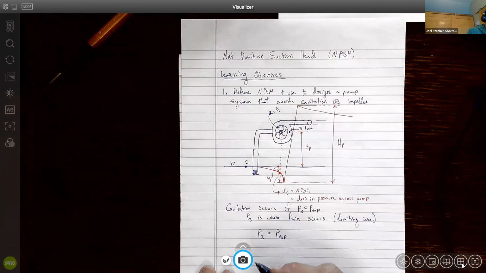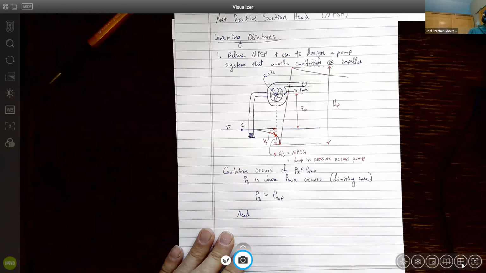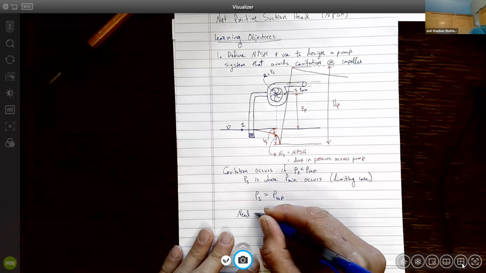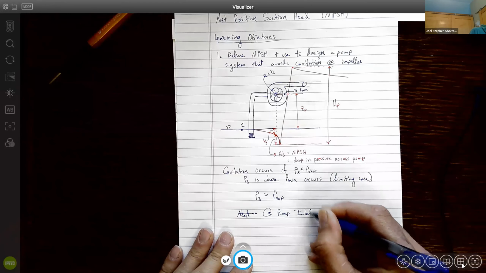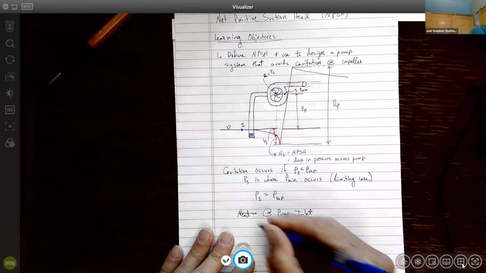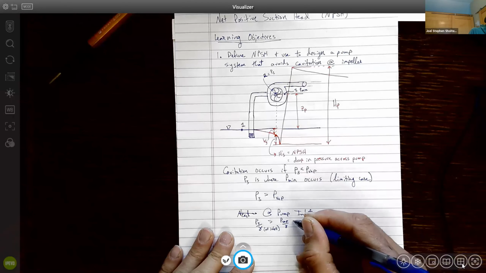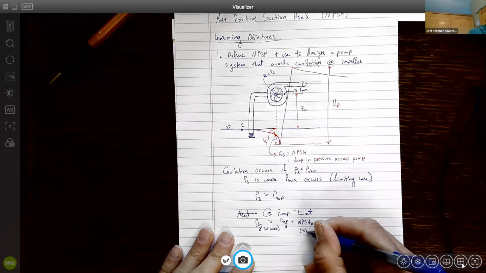To start this quick derivation, if we go to the pump inlet, at the pump inlet we need it such that P2 over gamma, the pressure at the inlet, is greater than the vapor pressure over gamma plus our net positive suction head required, or H prime S.